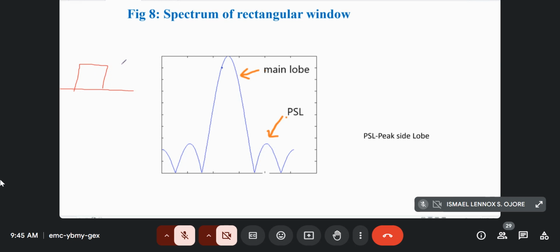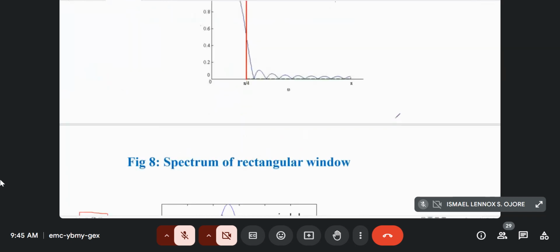If you have a rectangle in the time domain, it gives us the sinc in the frequency domain. That's why you can see the frequency response is of this form.